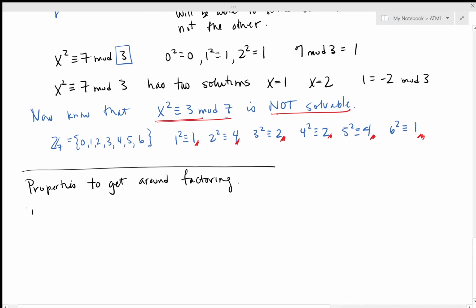Property 1: the Jacobi symbol of M1 over n is equal to the Jacobi symbol of M2 over n if M1 is congruent to M2 mod n.